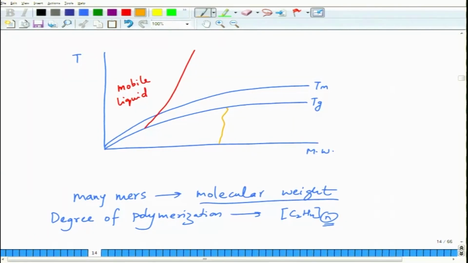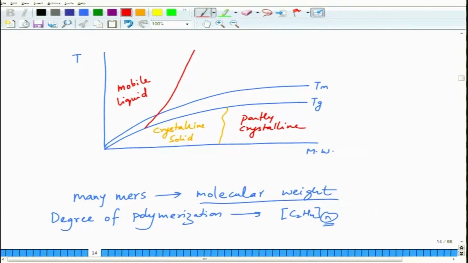In the first region, it is basically a crystalline solid. Okay. In the second region, it tends to become partly crystalline, because if chains become longer and longer and the molecular weight increases, it is difficult for them to maintain the crystallinity because of cross linking and because of bending and flexibility of chains.